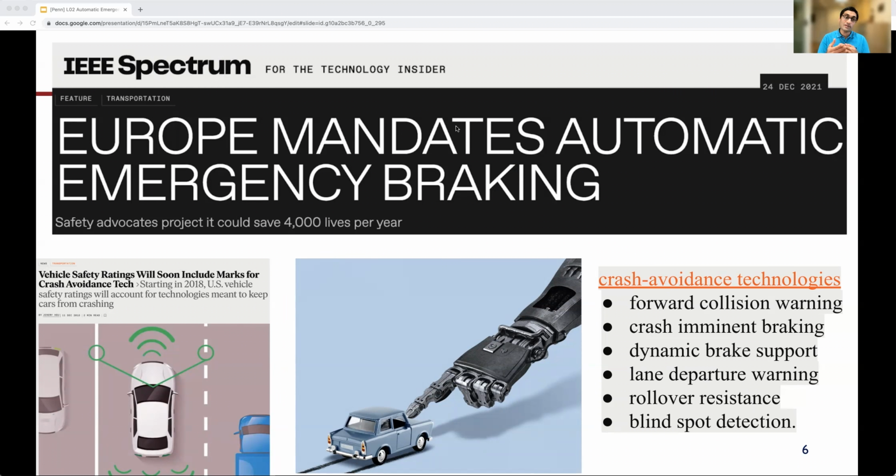Parts of this would include dynamic brake support, where it would pre-charge the braking system in anticipation that if the driver activates the drive-by-wire braking system, then it will be able to actuate much faster. In addition, there are lane departure warnings, rollover resistance, and blind spot detection, which are all basically keeping a safety bubble in the near frame of the vehicle.